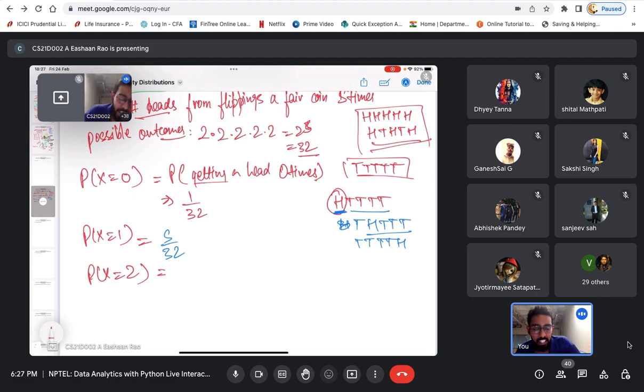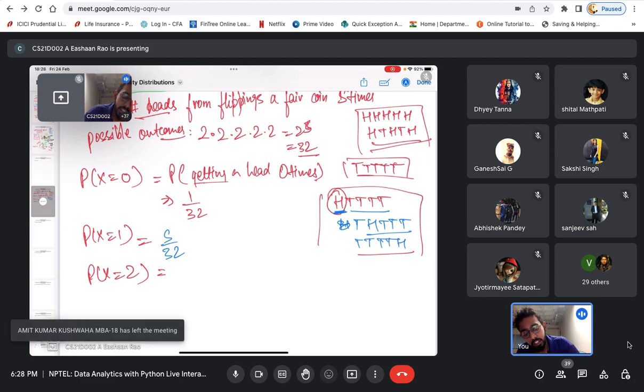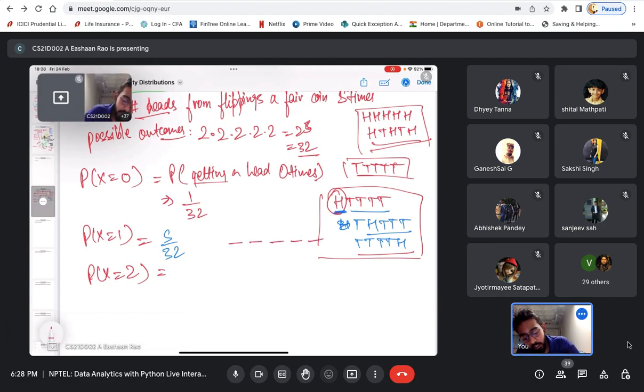So what exactly is combination? It means we have a definite outcome, and we see how, without replacing, we change its position. In this case, H can be placed in 5 places: H can be first, H can be in the second position, similarly in the third position, and so on.